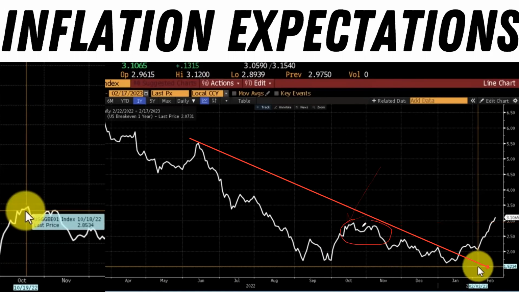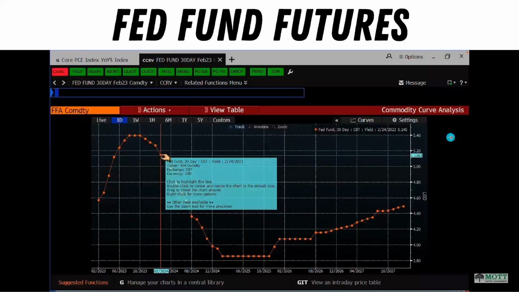So we saw that bottom in October, and then we see inflation expectations drop and continue to decline, but we actually see that we got a breakout from that trend, and that does lead me to believe that we could potentially even retest some of our previous lows in the stock market, or even drop below them, based on the Wyckoff chart, based on the TLT to S&P 500 futures chart that I showed you guys in the very beginning.